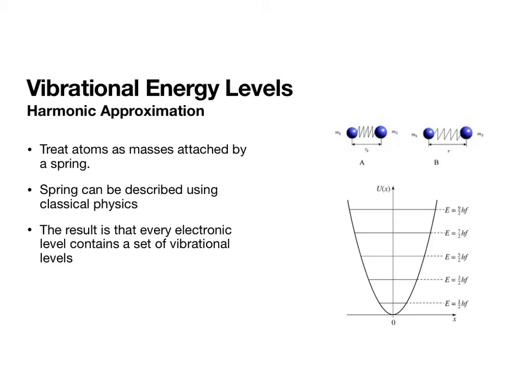So this means that we have something like H, hydrogen, and chloride, and this bond between them is a spring. And then we can describe the spring the same way that you would in physics using Hooke's law. And the result becomes that every electronic level contains a set of vibrational levels.